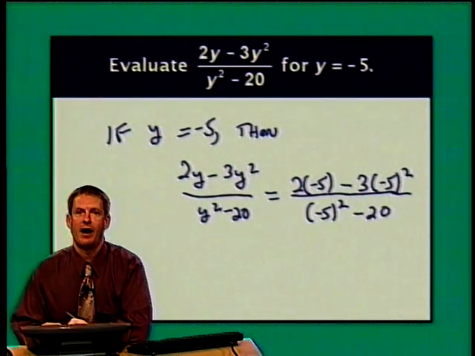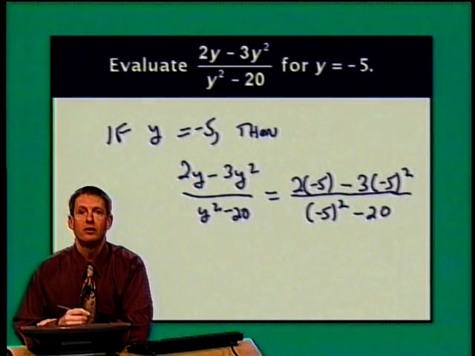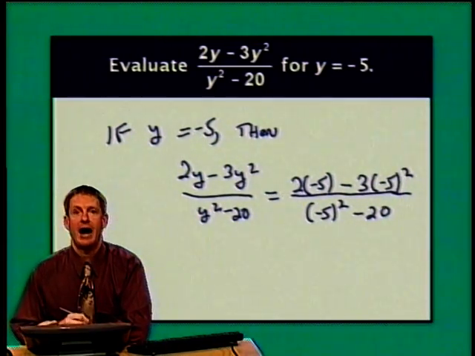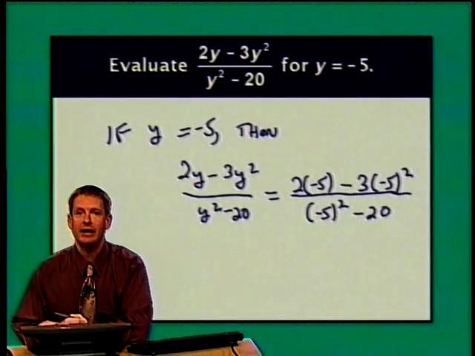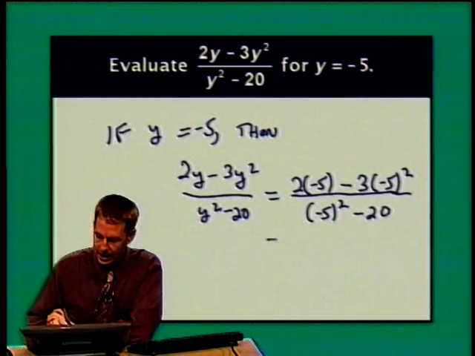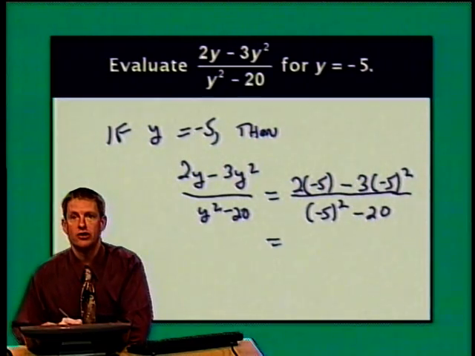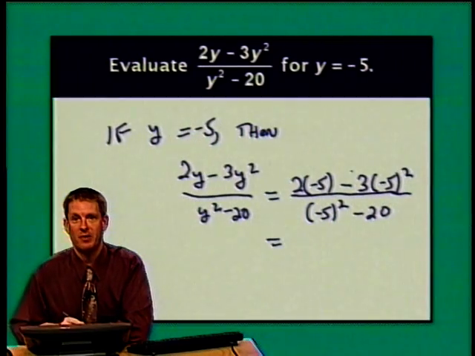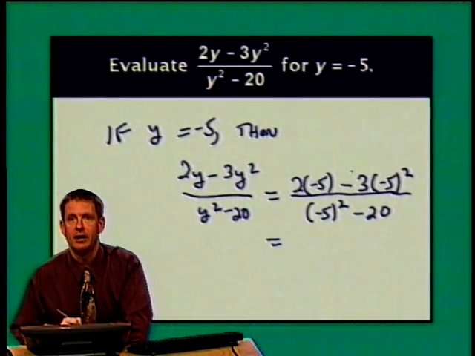When I'm simplifying a fraction, the first thing I need to do is simplify the numerator and the denominator, and finally, after I've done that, I can perform the division. In the numerator, there's 2 terms. The 2 terms are ultimately separated by a subtraction sign.